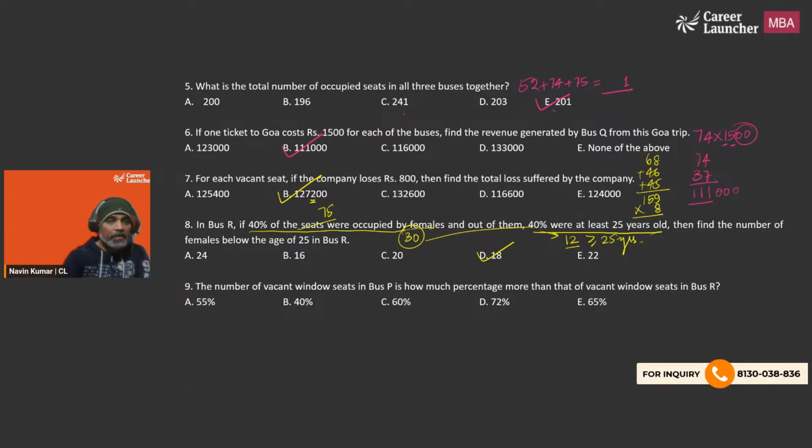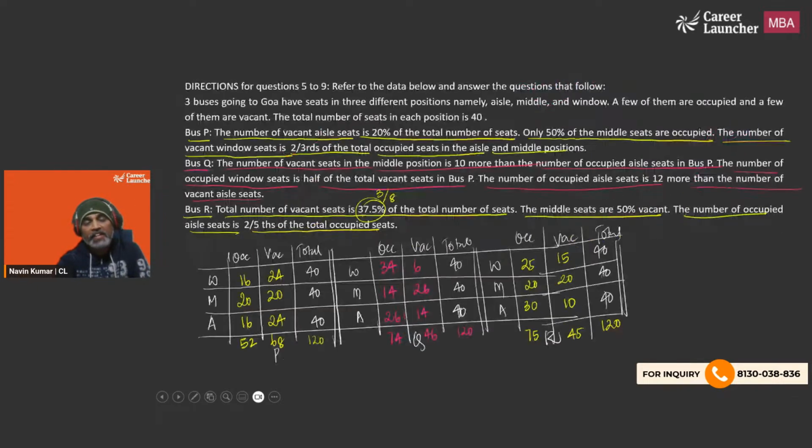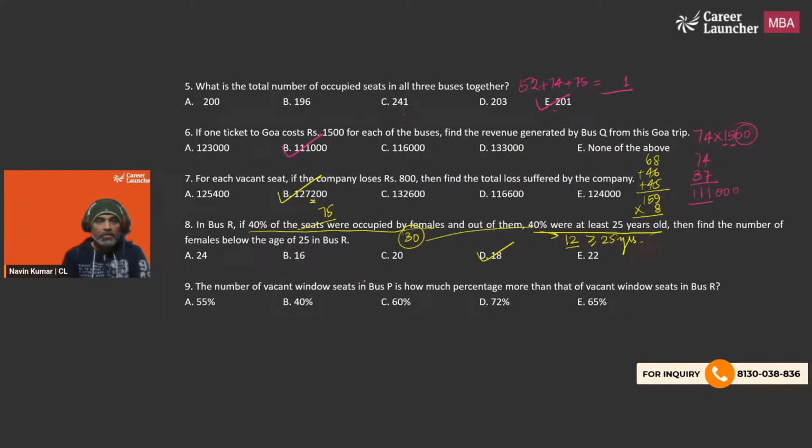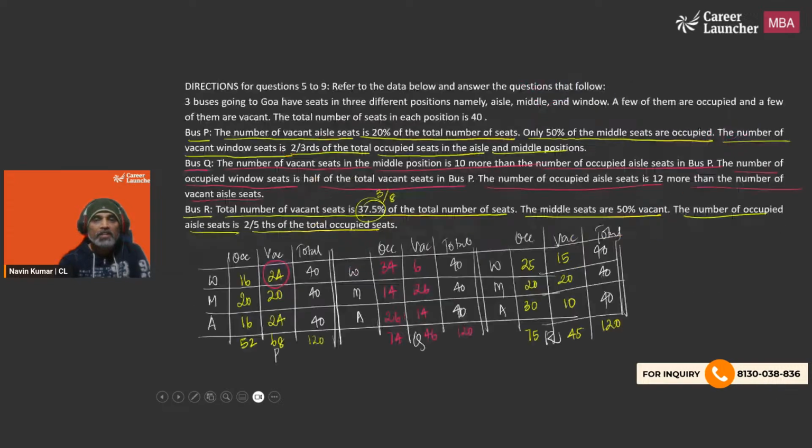Right? Next one. The number of vacant window seats in bus P, which is 24. So this is basically saying 24 is how much percentage more than the number of vacant window seats in bus R. Vacant window seats in bus R is 15.